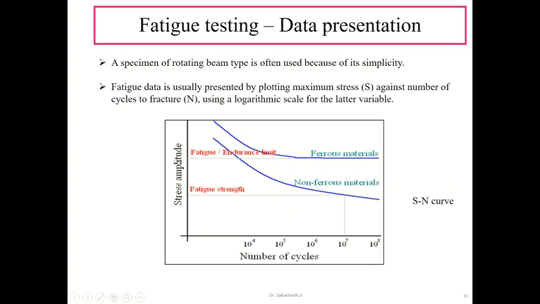But in the case of a ferrous metal, it will not fail for any number of cycles under limited stress conditions. So here we have a fatigue or endurance limit.